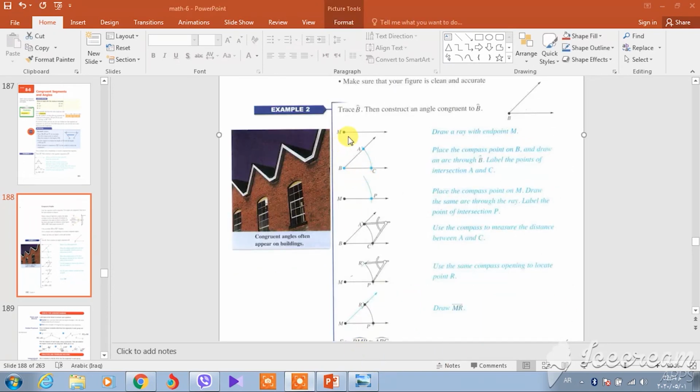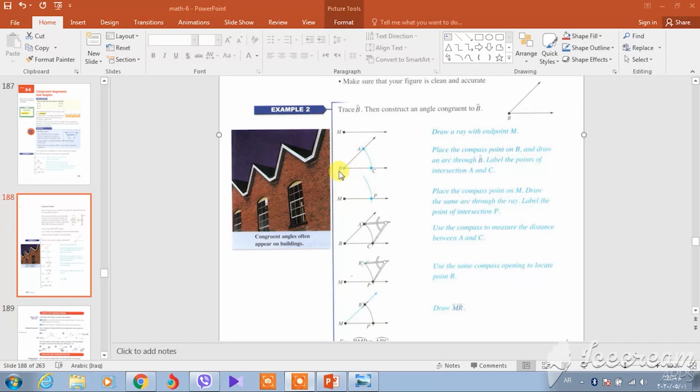And now we have an example to see: trace angle B, then construct an angle congruent to angle B. If we have this angle, angle B, how can we make another angle congruent to angle B? The first step, draw a ray with the endpoint, and I write it M. You can write down your own name or any points.